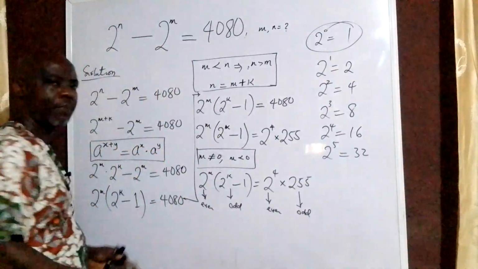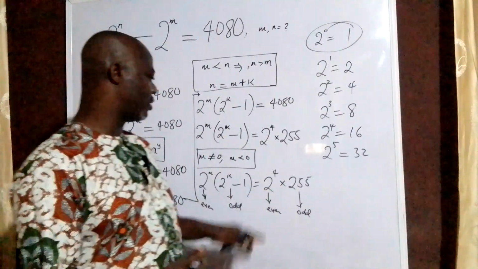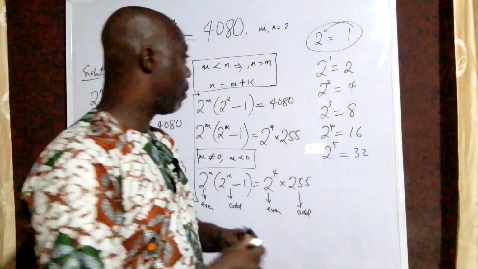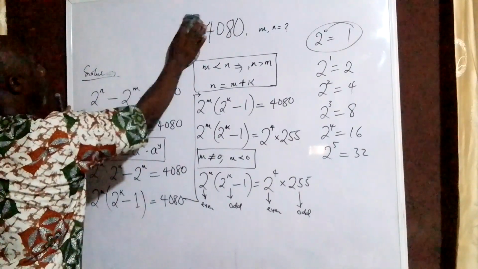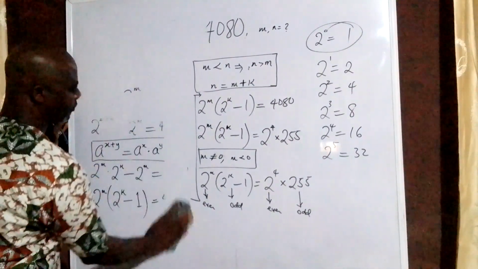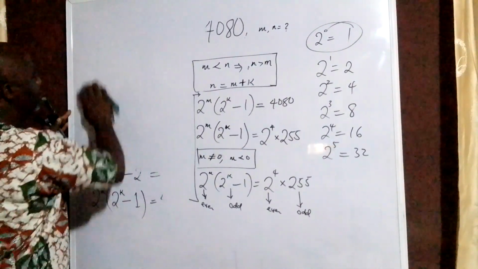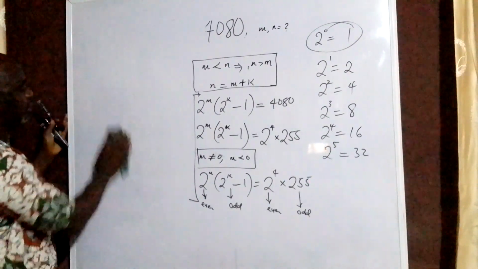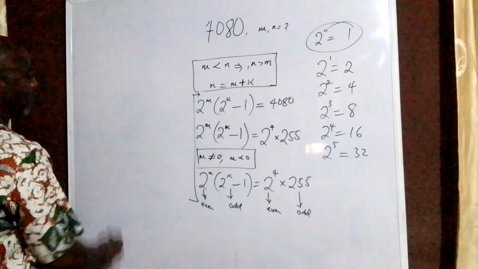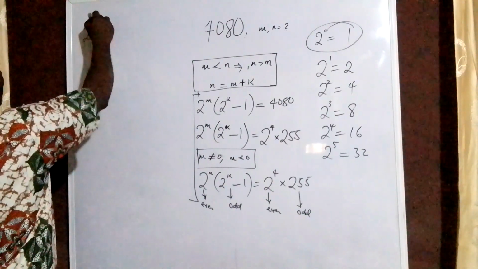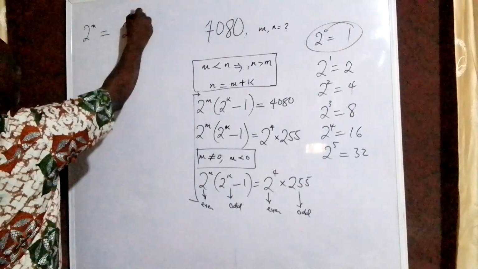So if you compare even with even and odd with odd, we'll come back here and say, if these conditions are met, 2 to the power of m equals 2 to the power of 4.